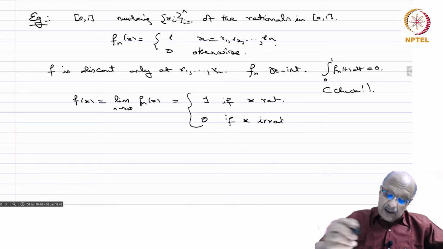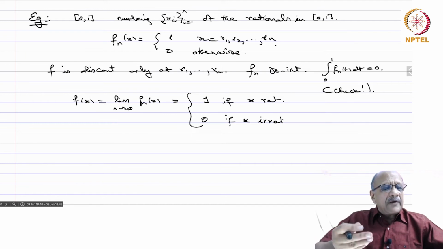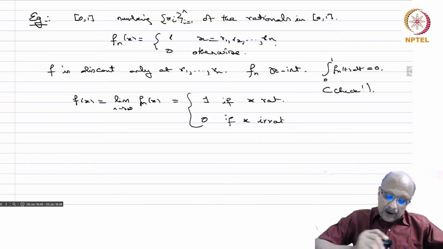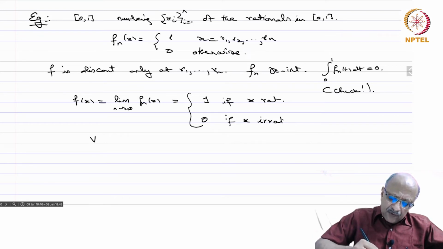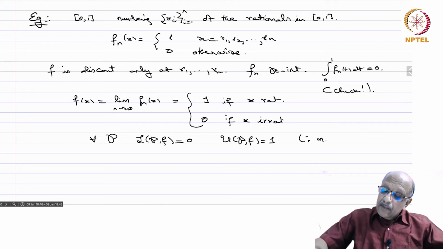Now if you take any partition, each subinterval will have both a rational number and an irrational number, because both sets are dense, and therefore small m_i is always 0, capital M_i is always 1. So for every partition P, L(P,f) will be 0 and U(P,f) will be equal to 1, since m_i equals 0 and M_i equals 1 for all i.